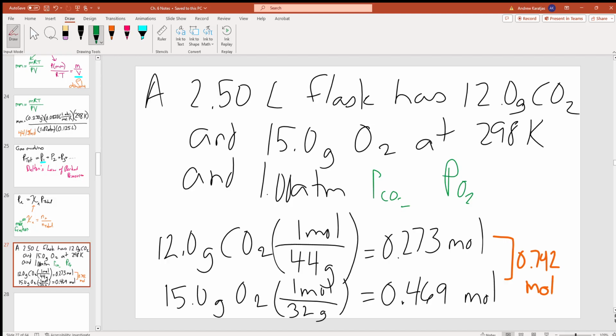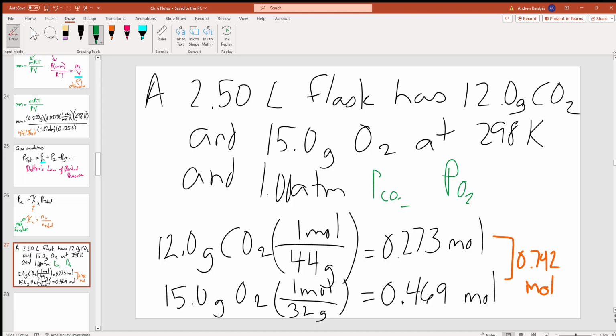So in order to do that, we're going to need to know two things. We're going to need to know the total pressure of the gases and the mole fraction of each component. So I've started here by calculating the moles of carbon dioxide and the moles of oxygen.